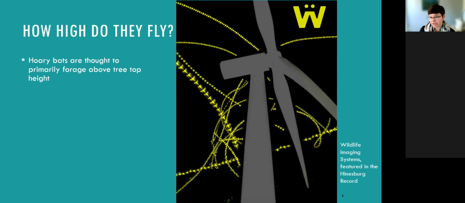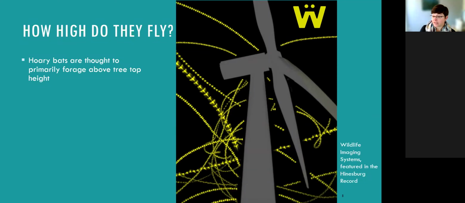I've got an image here. Wildlife imaging has this really amazing device that can track these bat flight paths. This is actually what they were detecting, and the other image is maybe what we thought was happening, but what we're seeing is perhaps there's a lot more bat use going along below the lowest extent of the rotor swept area.